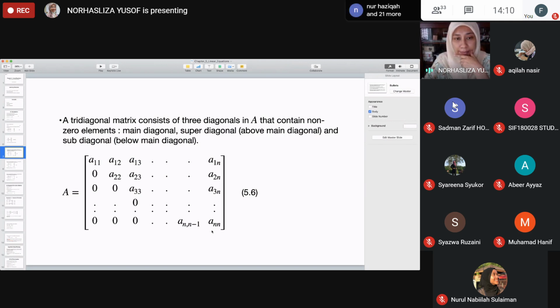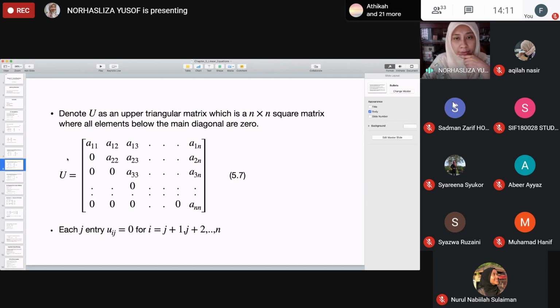Okay, so these elements are important when we want to do LU factorization later on. Okay, so we have to identify which one is the main diagonal, which is the super diagonal, and also which one is the subdiagonal. Super diagonal is also known as U, and subdiagonal is known as L, lower and upper diagonal, right?